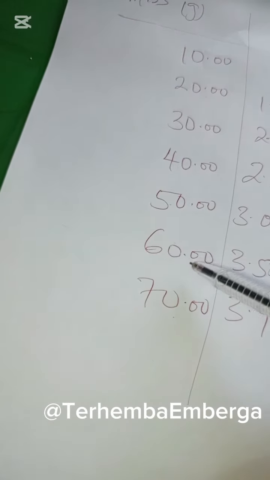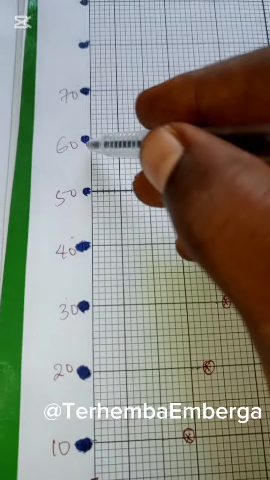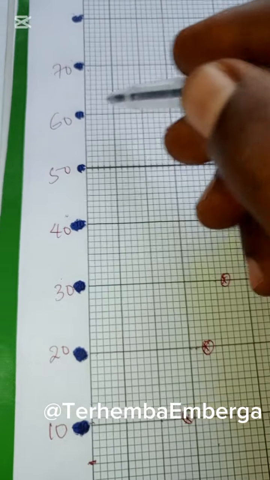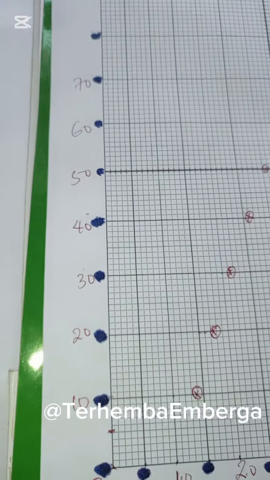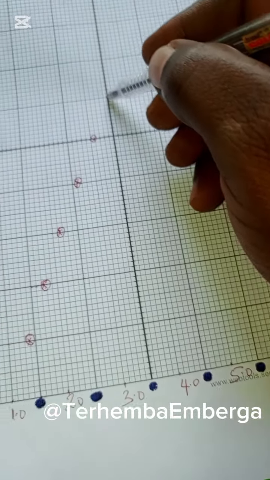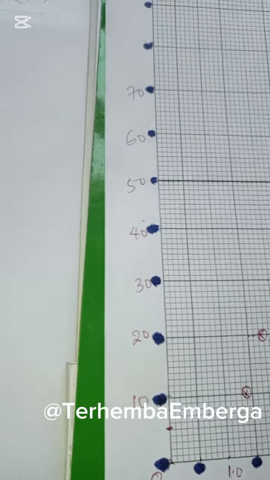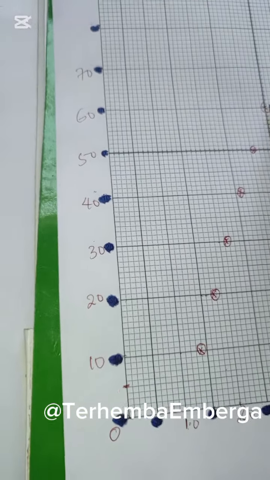Then 60. 60 against 3.5. This is 3.5. So carefully mark it here.